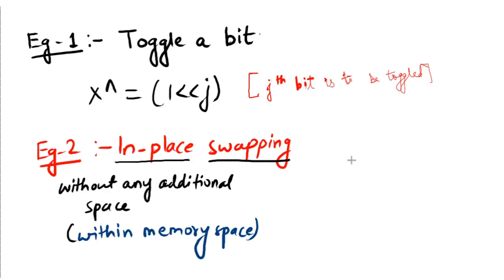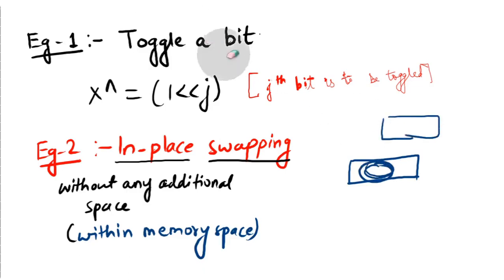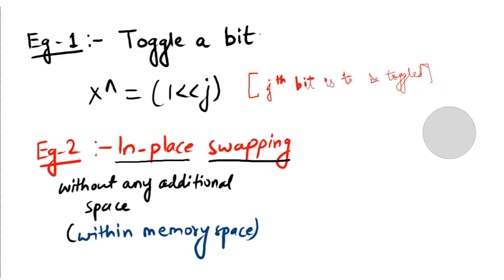That means consider a number A. Swapping should take place within this memory, and we don't have to take any additional memory. That is the meaning of in place. The second thing is to swap. Suppose this is the value stored in the memory location of A, let's say 5.